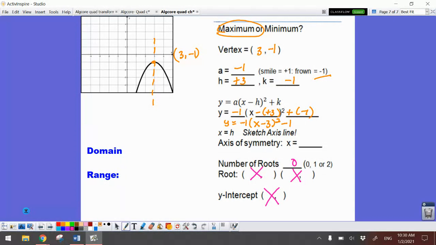All right, let's talk about domain and range on this one. If you remember back to our transformations, we know that the domain of a quadratic is real numbers unless it's a word problem. In this case, it's not a word problem, it's just a graph. So domain is real numbers. What about the range?